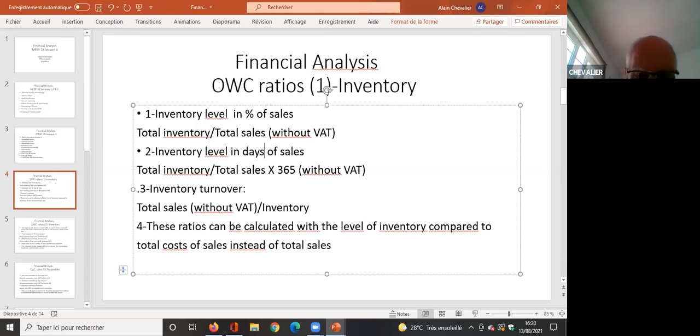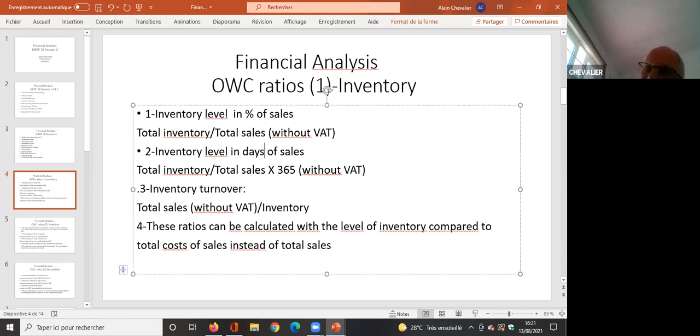I would say first, it's much more simple to use total sales because total sales, you always get the data available. You get it with VAT, without VAT, there is no problem. Cost of sales, in the American presentation, it's available. In the other presentation, you have to calculate it.